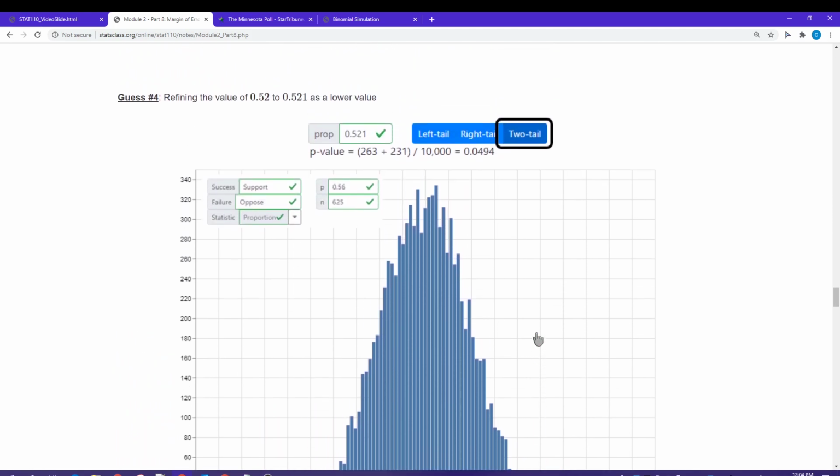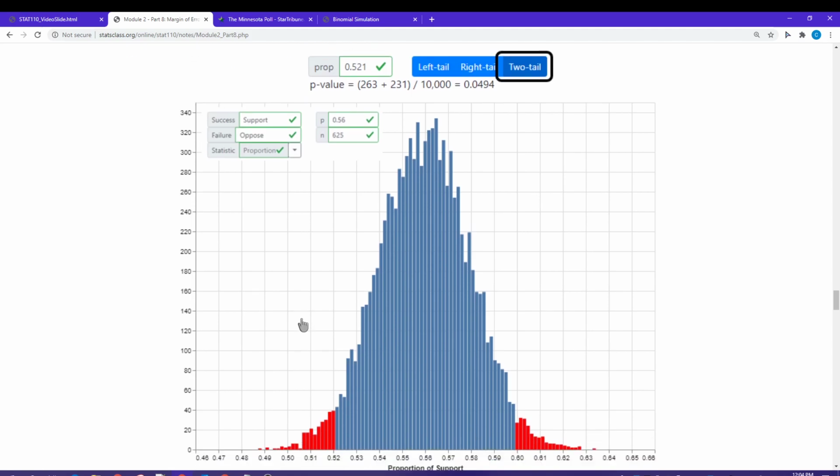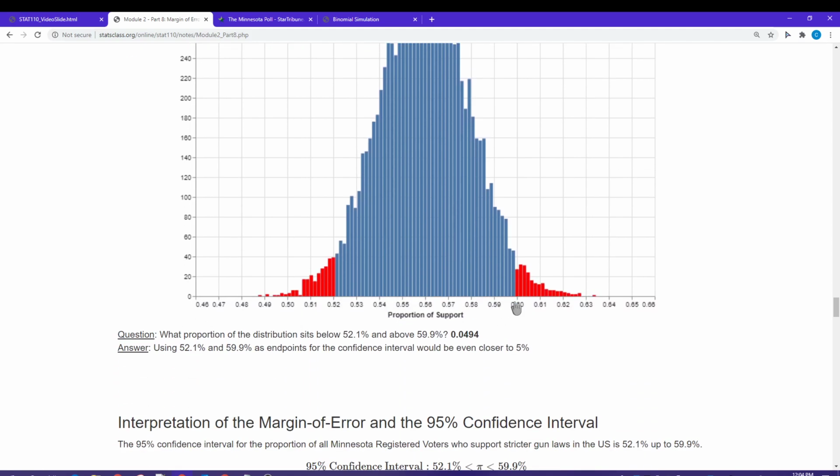The other thing I could do is just put the 0.599 here in this box. You can play around or just do a guess and check on what the upper endpoint should be, just like I did for the lower endpoint. Either way will work in obtaining the upper endpoint of the confidence interval.